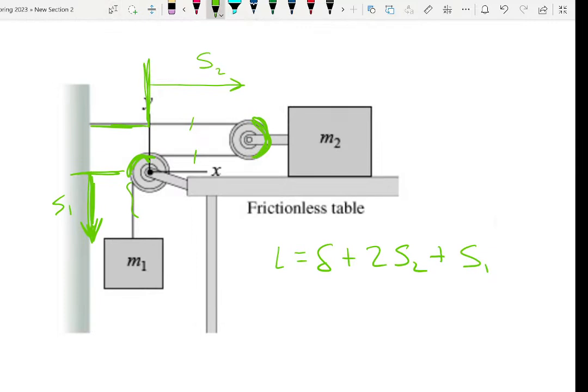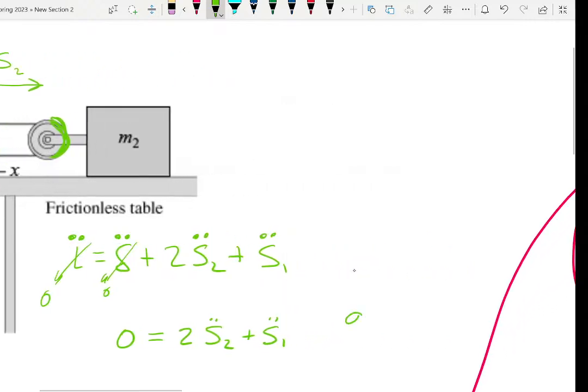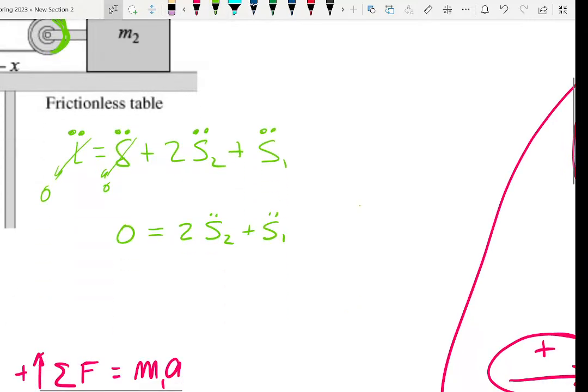Now, usually I take one derivative, but now I'm going to take two derivatives. If you take two derivatives, that thing is 0, that thing is 0, so what you get is 0 is equal to 2 S2 double dot plus S1 double dot, where the double dot is the same thing as, so like, or here, I'll just do it one more time.